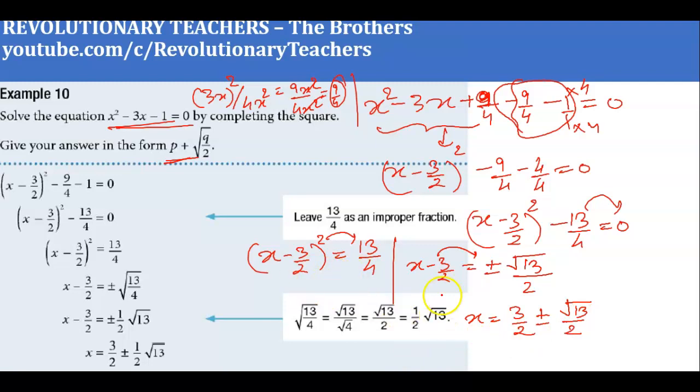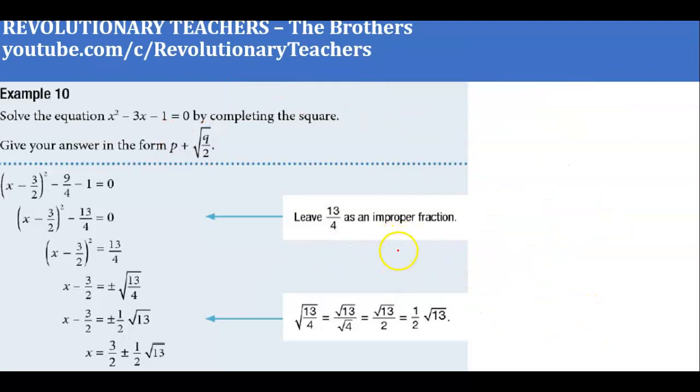Okay children, so your answer is over here. Now what is P? P is 3 upon 2. What is your Q? Q is under root 13. Okay children, clear? Let us move ahead.